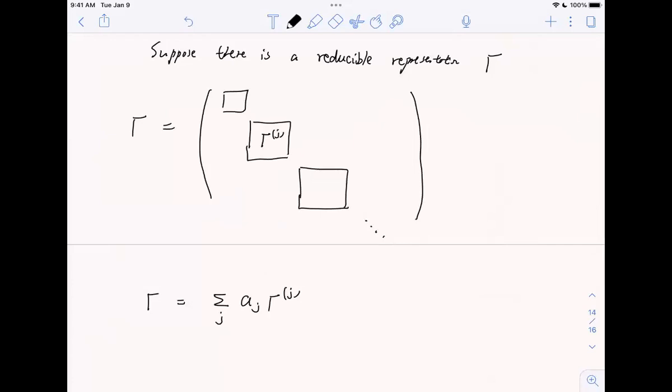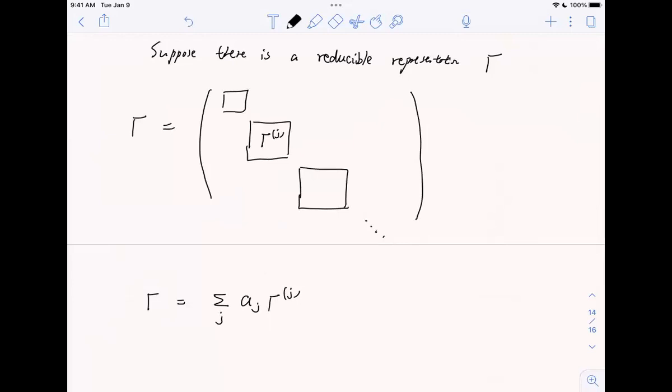I mean these two matrices have different dimensions, so there's no way that they can be equal. So this is not the algebraic summation. This is a way to show that this can get decomposed into the block form.